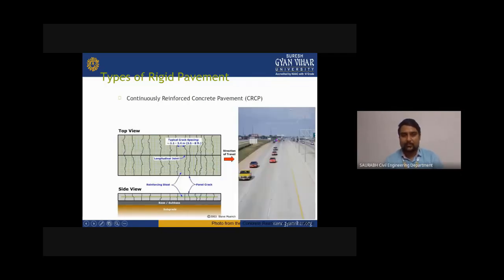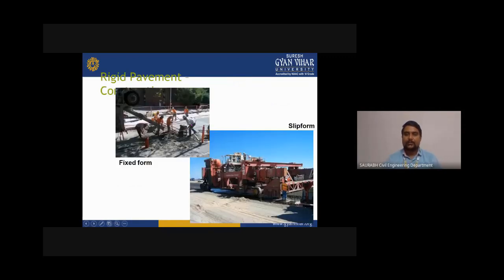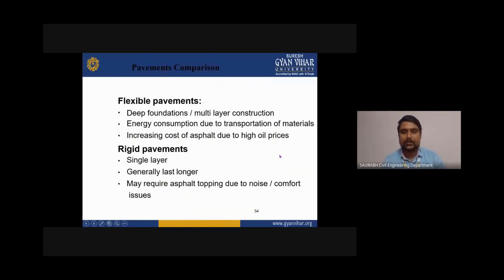And there is also continuously reinforced concrete pavement which is used for the design of rigid pavement, as you can see here. Now this is the photograph of rigid pavement construction, how it is constructed using concrete. This is your slip form machine which is used for the construction of a rigid pavement.